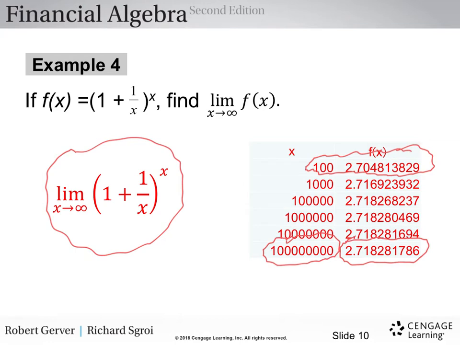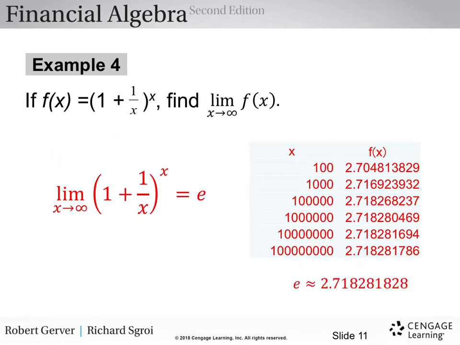And if I kept going, basically, what am I doing? We are approaching this number e. e is approximately 2.718281828. So as x gets really, really, really big, what are we approaching? We're approaching e.